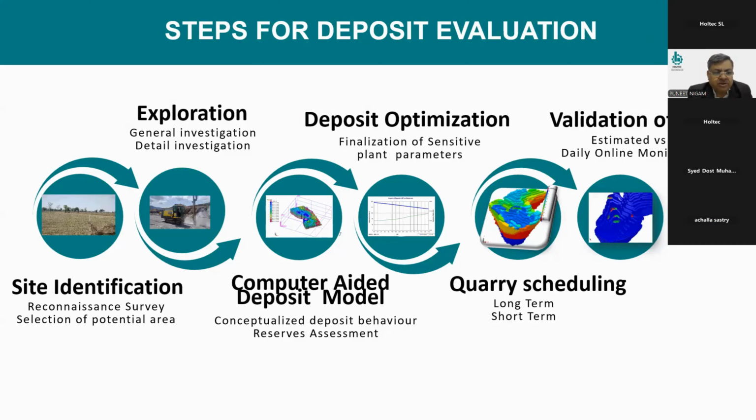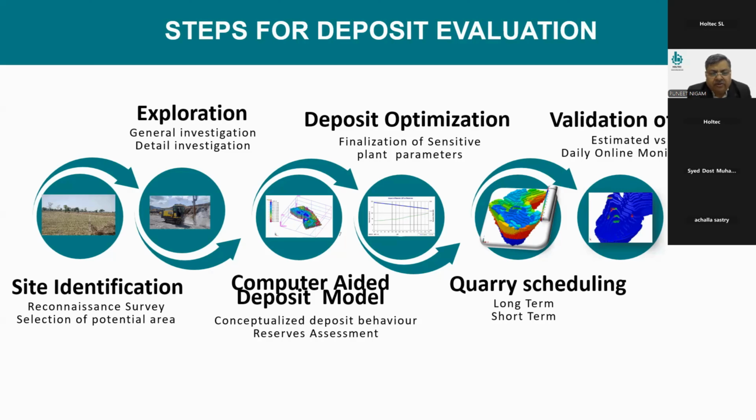Then after reconnaissance surveys, we find out the potential area. After that, we go for a general investigation, so that we can further narrow down to the more potential area, and then go for the detailed investigation. When we do the detailed investigation, we computerize all the data to make a block model.